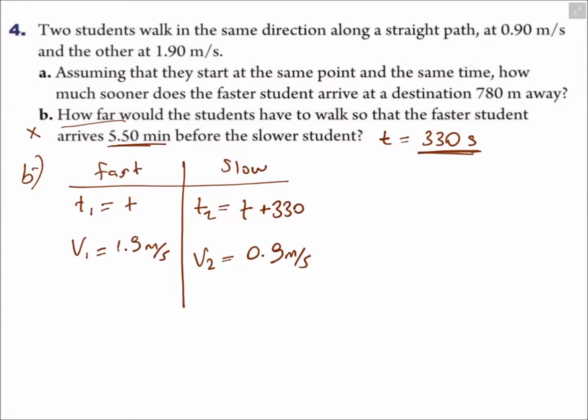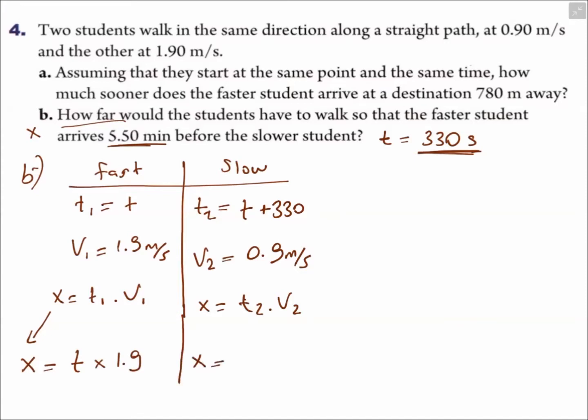And they are going to cover same path, so x and x will be their distance, and x equal t1 times v1 here, and here x equal t2 times v2, and x equal t1 is the t times v1 is the 1.9, and the x here equal v2 is the 0.9 times t2 is the t plus 330.